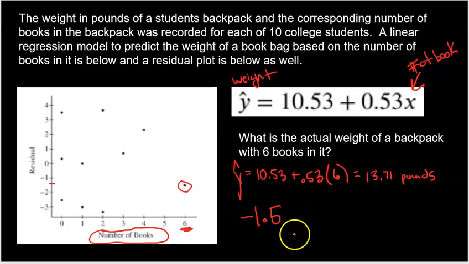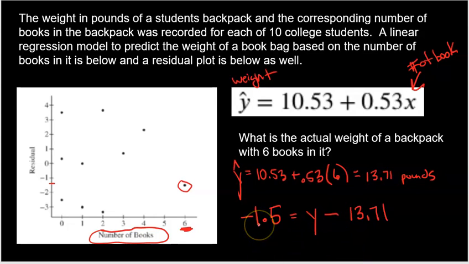Now remember, how is a residual found? It is the actual weight minus the predicted weight, which I just found. So because I have a residual plot, I could look up the residual value. I don't know the actual value y, but I do know the predicted value because I had the equation. So now it's pretty easy algebra.